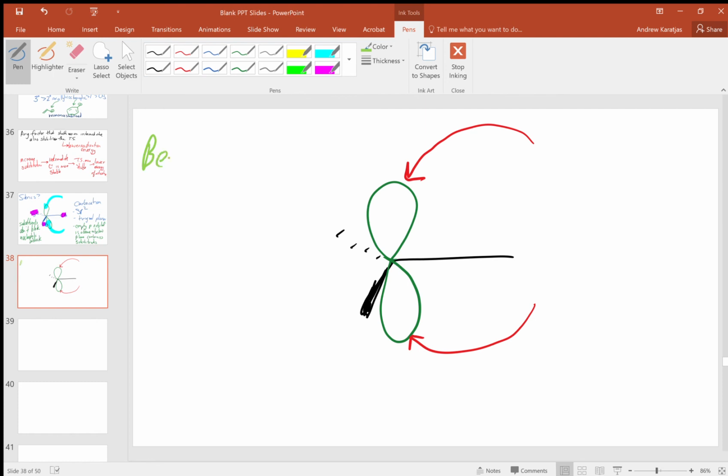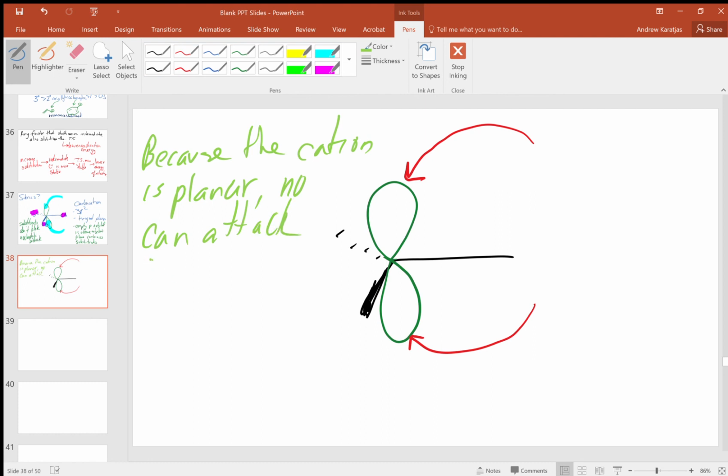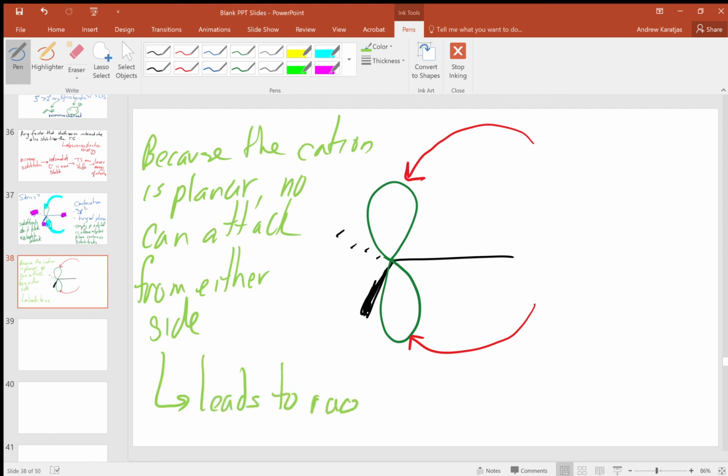Well, because the cation is planar, the nucleophile can attack from either side. And so if you end up in a situation where it's equally likely to come in from the top to the bottom, it leads to racemization. So this is another big difference between the SN1 and SN2.